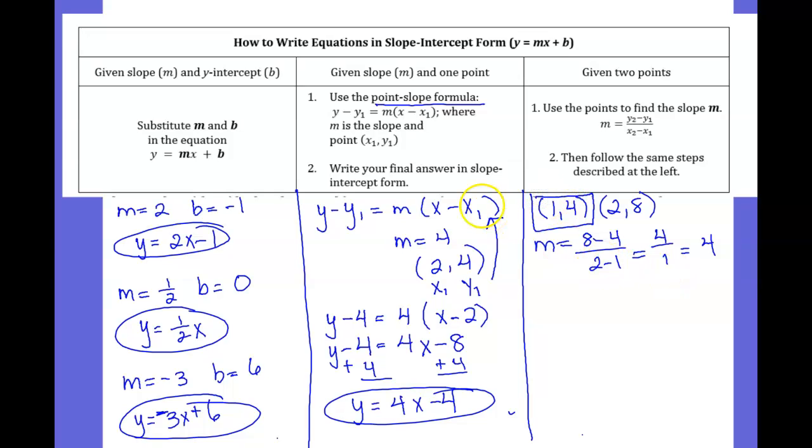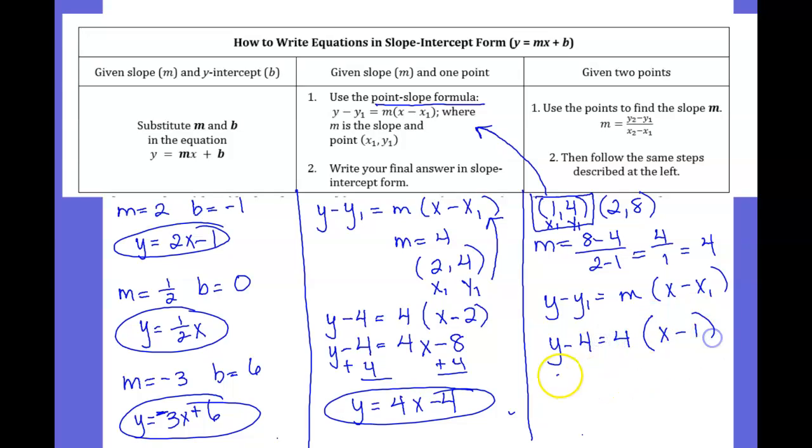I'm going to put it back into this formula. So we'll use y minus y1 equals m times x minus x1. So this is my x1 and this is my y1. So it would be y minus 4 is equal to 4, for my slope, times x minus 1. We would then distribute 4x minus 4, and when we add 4 to both sides, y would be equal to 4x plus 0, or just 4x.